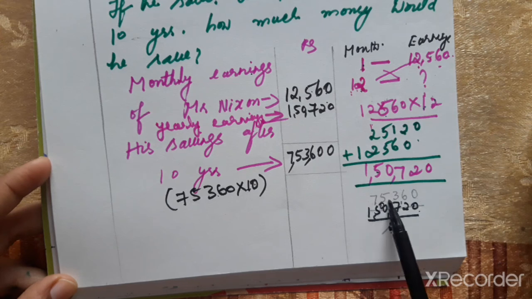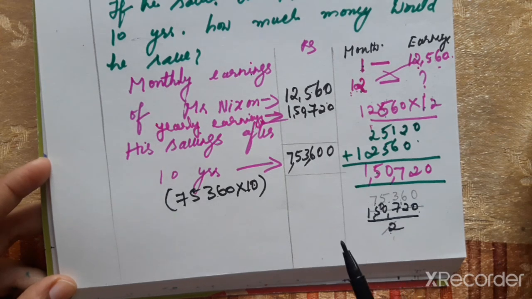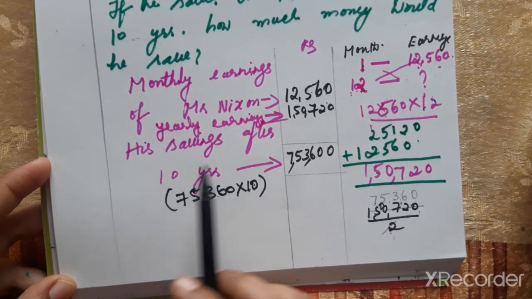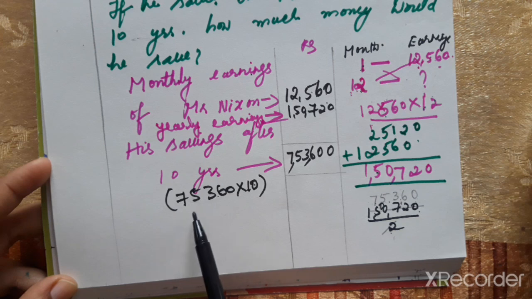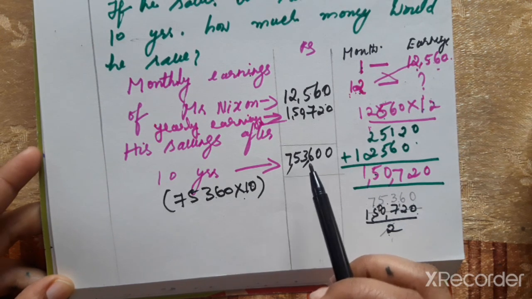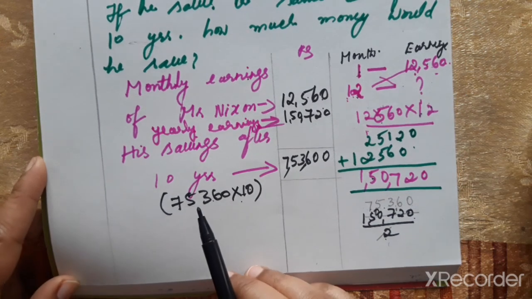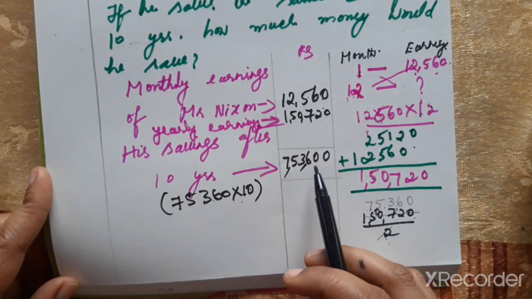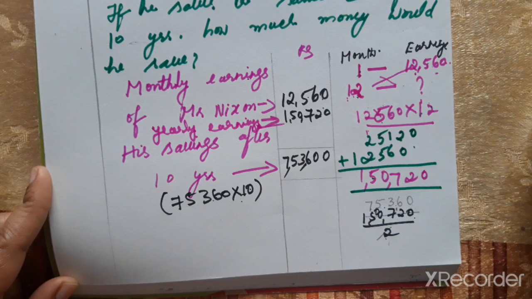So 75,360 is yearly savings. He saves 75,360 rupees in a year. So to find his saving after 10 years, 75,360 into 10. So 7,53,600 rupees is the 10 years savings.